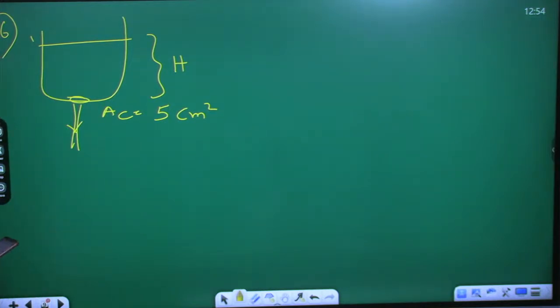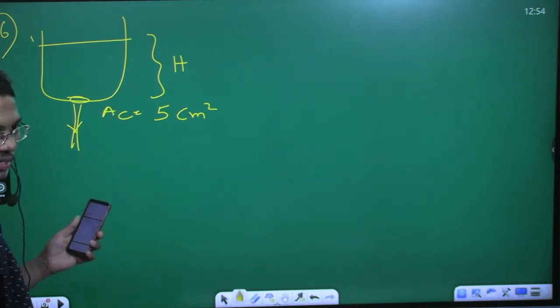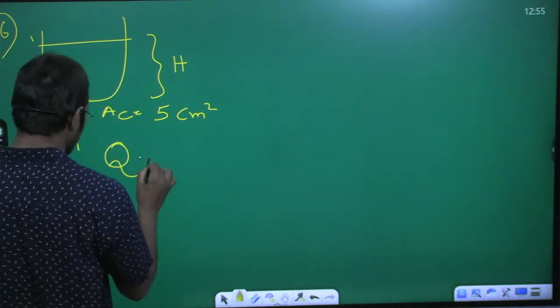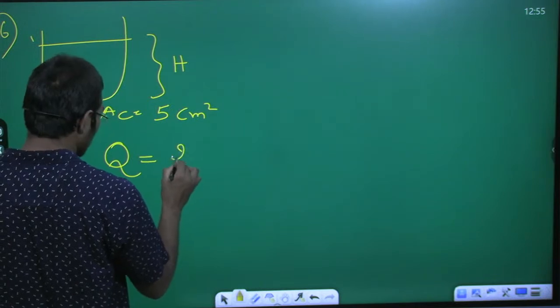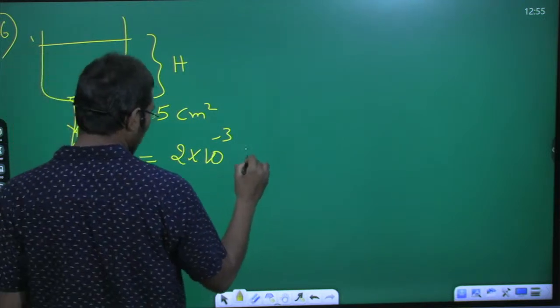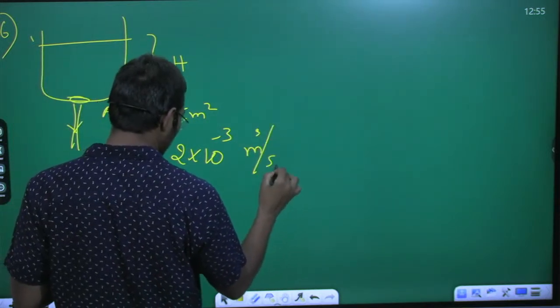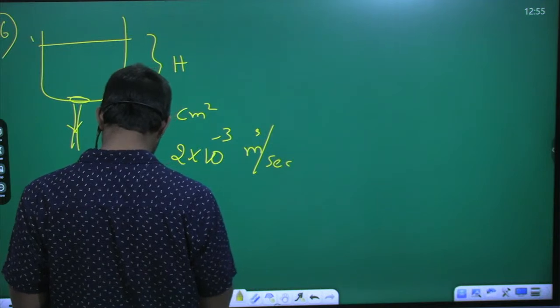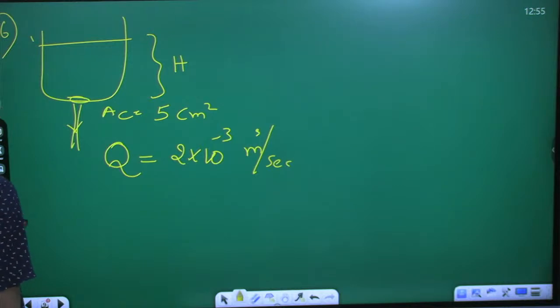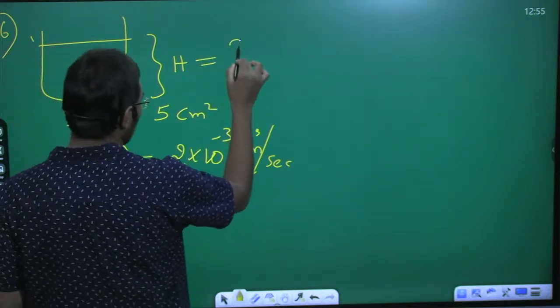So let us try to look at the problems where concepts are involved first, and let us then get back to direct questions, okay? So the question is, a hole is at the bottom, and the water drains out at a flow rate of 2 into 10 power minus 3 meter cube per second. Right? So this is the question given. What is being asked is the height h.